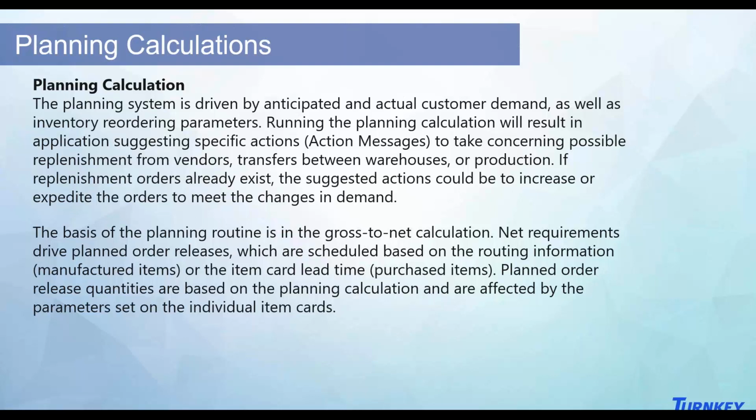But the base for the planning routine is take a look at where you're at in terms of your inventory, what your requirements are, either in your forecasting requirements, and then go to react to that. So suggest that you need to buy or maybe transfer if you're in a multi-warehouse scenario in your organization, or suggest that you might kick off some production orders to fulfill requirements for finished goods. So we'll talk about each of those as we go through.